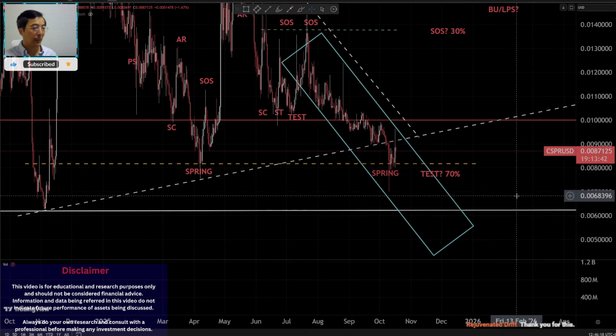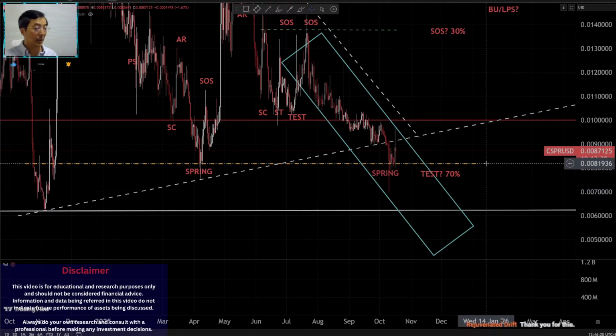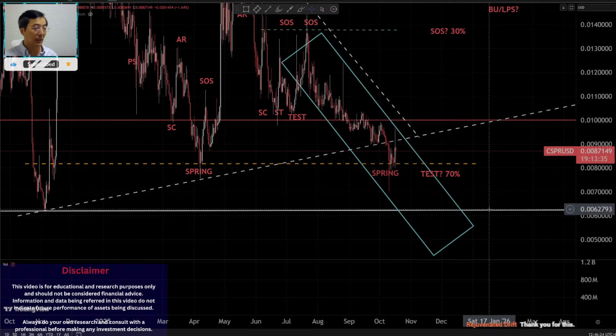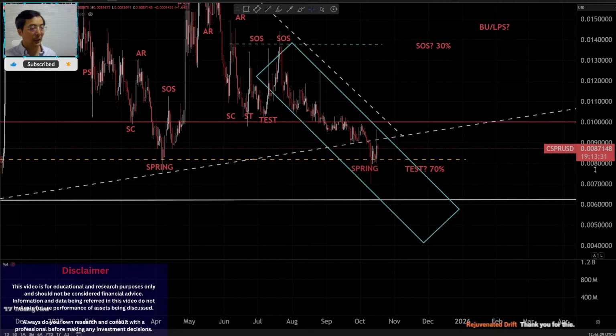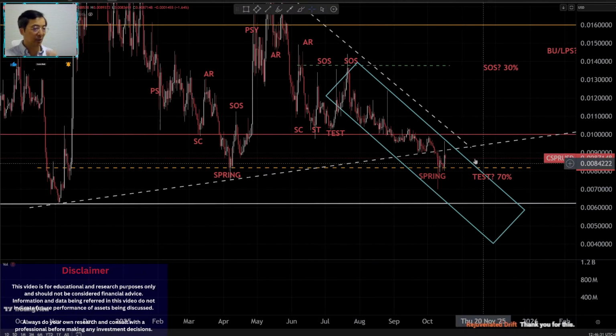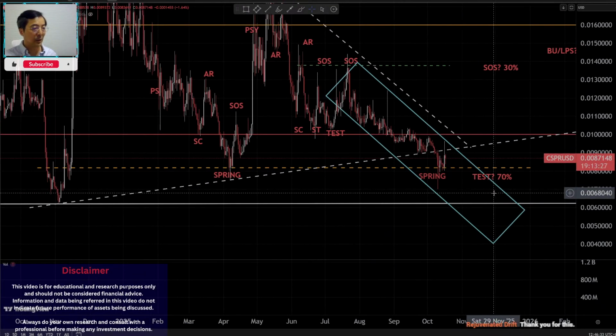But then why not set a stop loss, right? And then if it really drops to that level, maybe that's the time to consider an entry at that level instead of suffering another 20%.